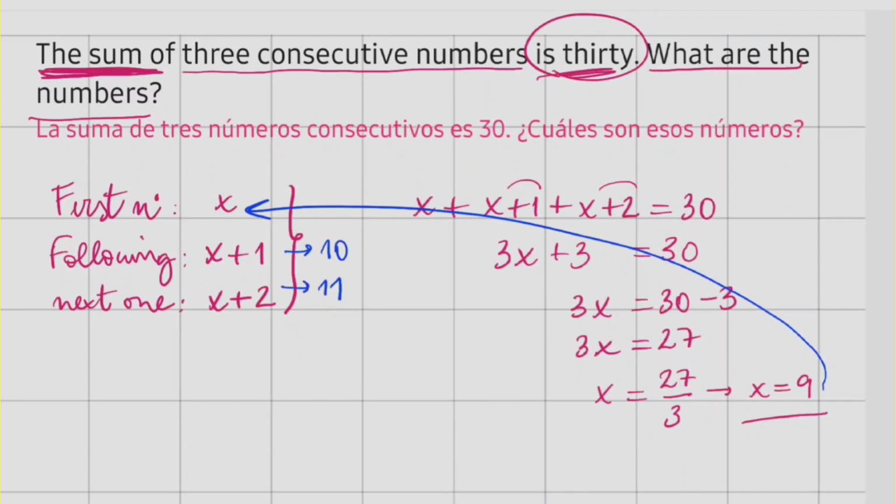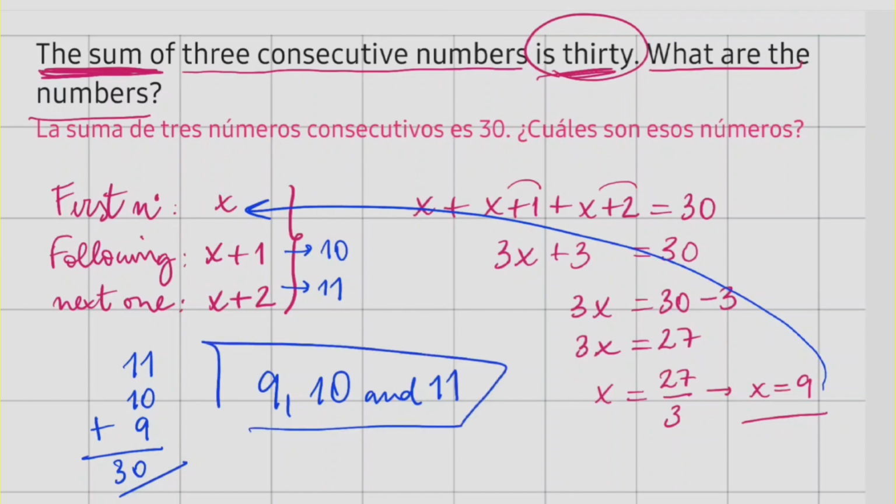And that would be the answer to the problem: 9, 10, and 11. If we check the answer, we would just need to add them up. 11 plus 10 plus 9, you can check that, is 30, as we have been asked for. So this is the answer.